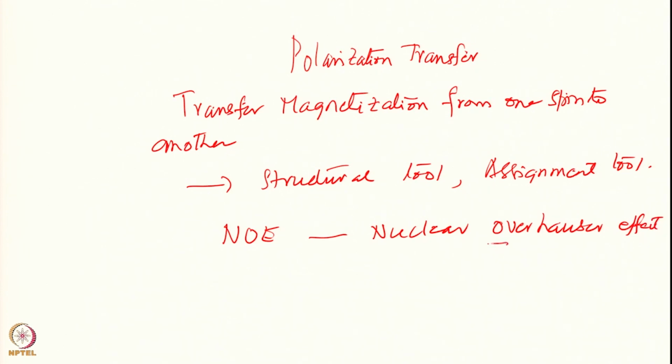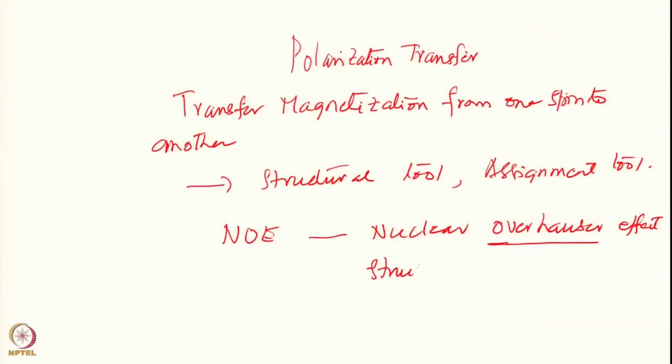Overhauser is the name of the person who invented it, and initially it was the electron nuclear Overhauser effect. Subsequently the nuclear Overhauser effect has become extremely useful for structure determination in proteins. I will tell you what this means. This is the application I am just writing straight away: structure determination in macromolecules.